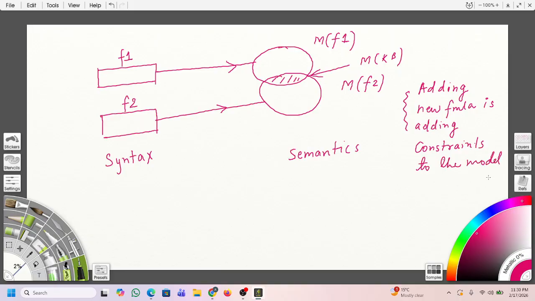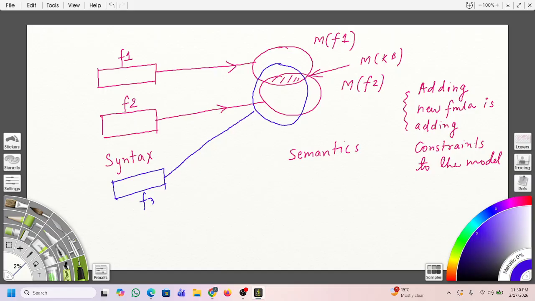But why I am making such a statement is, let us say I am adding a new formula F3, then I draw a circle, a model corresponding to it. Then the only part that will lie in the intersection is the part in the intersection of these three.